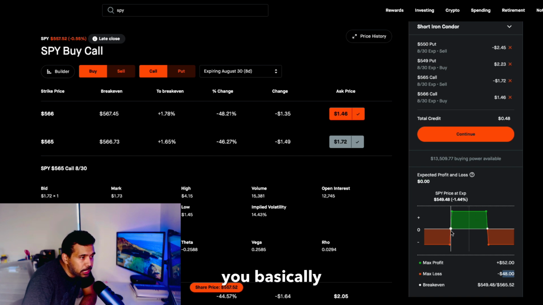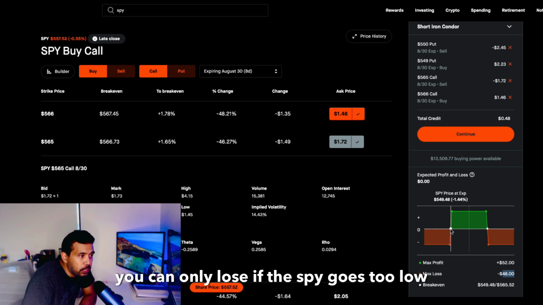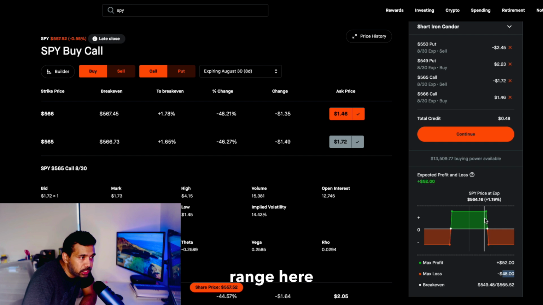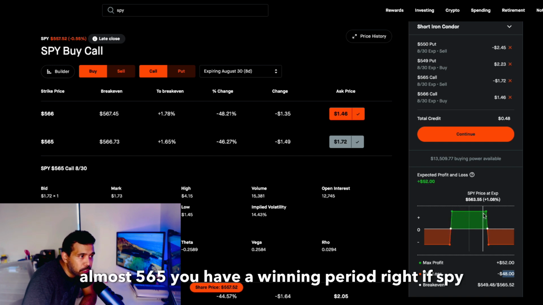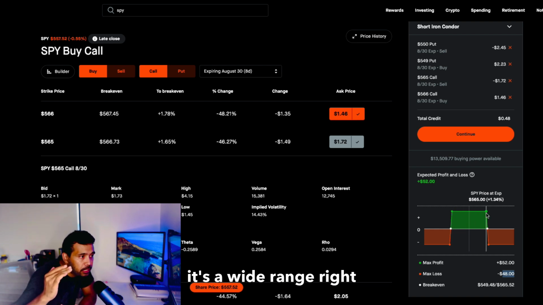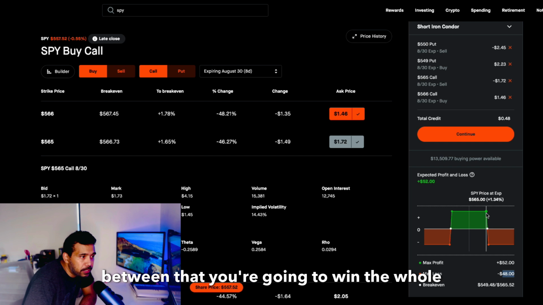You have both sides capped, so you can only lose if the SPY goes too low or too high, but you have a wide range between 550 to almost 565. You have a winning period, right? If SPY stays between these 2 points, it's a wide range, and if it stays between that, you're going to win the whole $48, right?